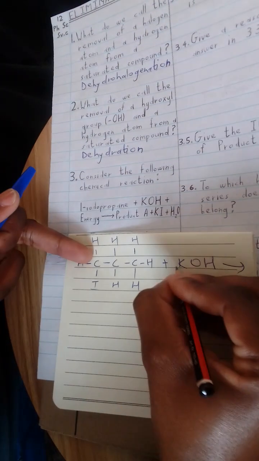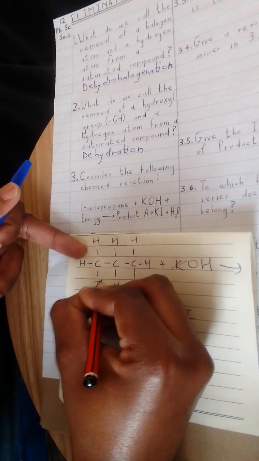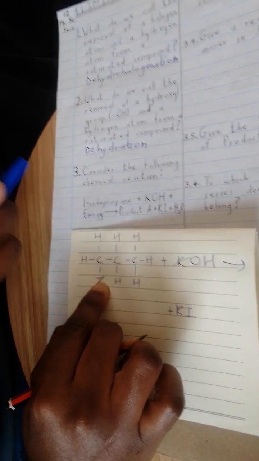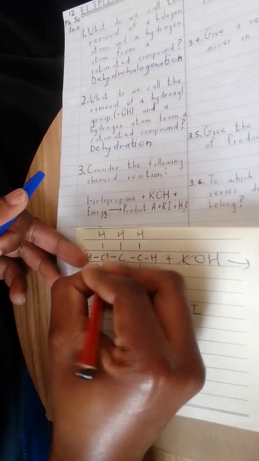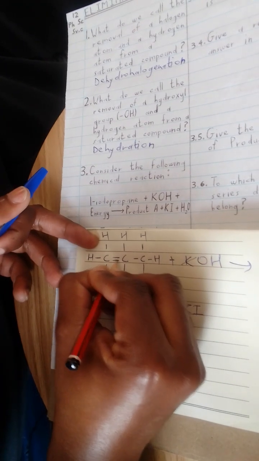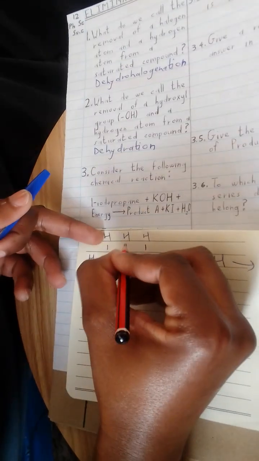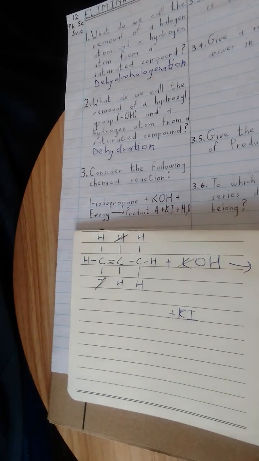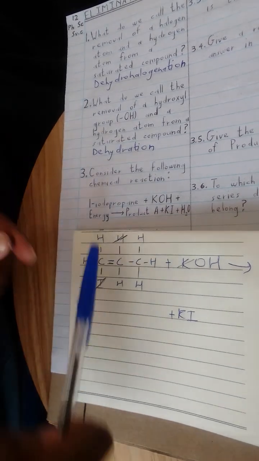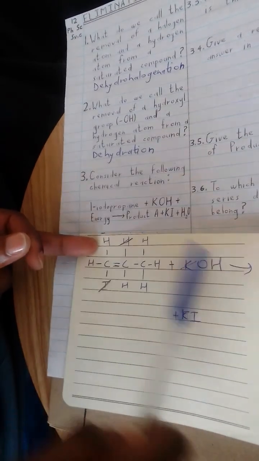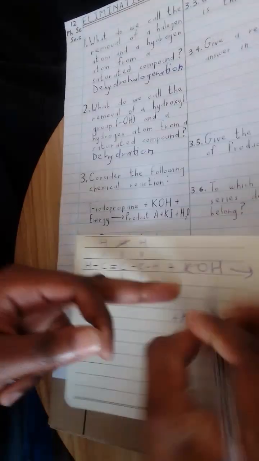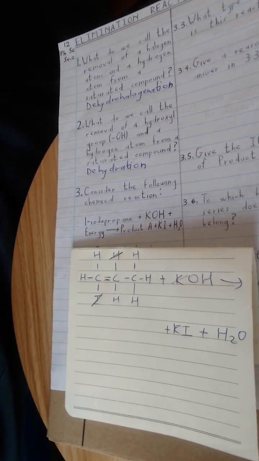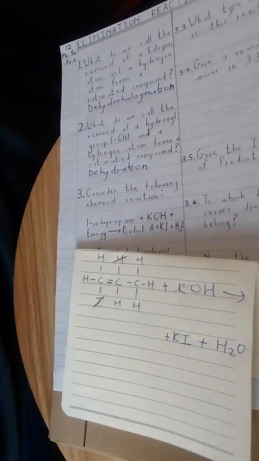So this is gone, this is gone. When this goes, we know that a double bond has to form. So it will form here, and then we'll have to eliminate one hydrogen atom. So this goes, but the hydrogen atom that we eliminated goes to the OH and it becomes water. So this is product A.